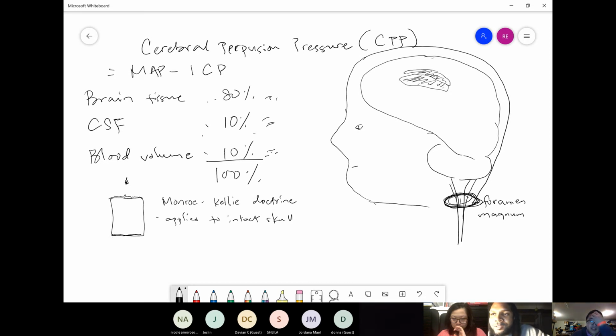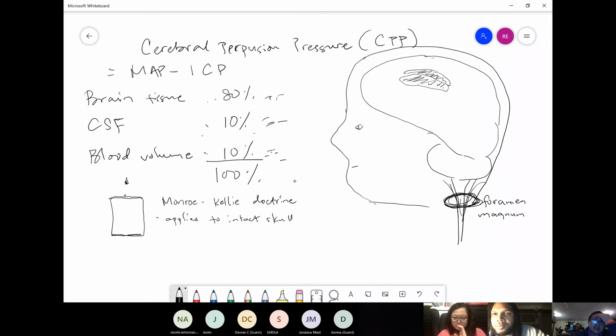Right here. The spinal cord is already sticking out, so you can't, plus technically the spinal cord is not part of the contents of the cranium of the skull. We only have brain tissue, CSF, and blood volume there. So what can you displace out to this hole?